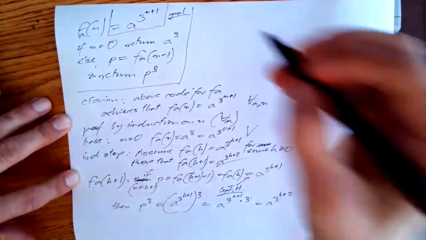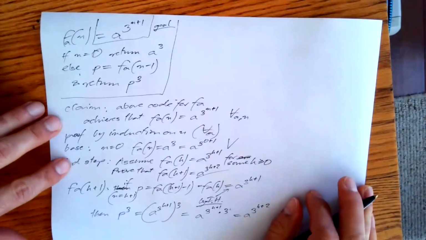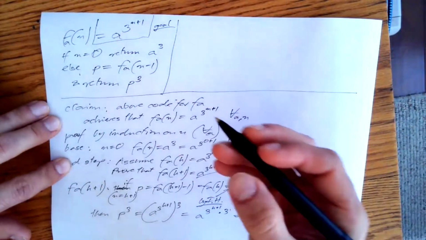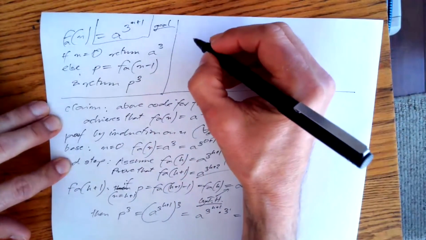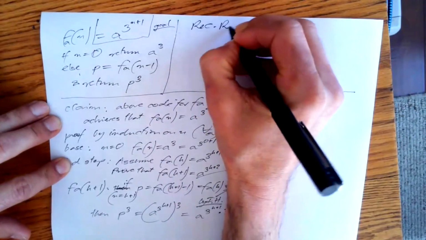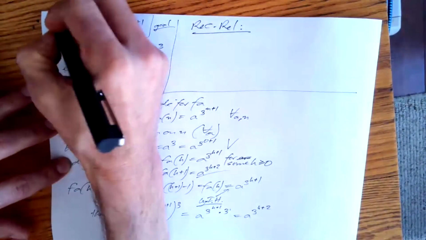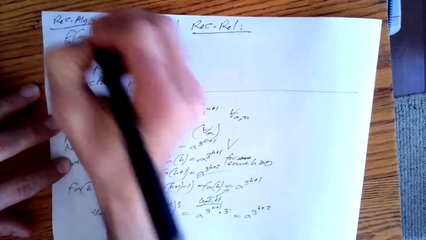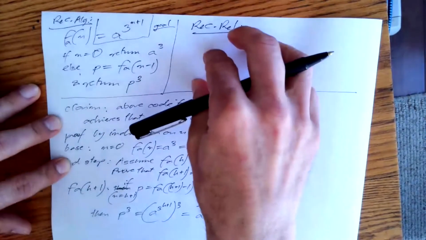Okay. Now let's see that the same exact proof would work. Let's render this as a recurrence relation. So what is the recurrence relation? Here is the recursive algorithm, this is the recurrence relation.